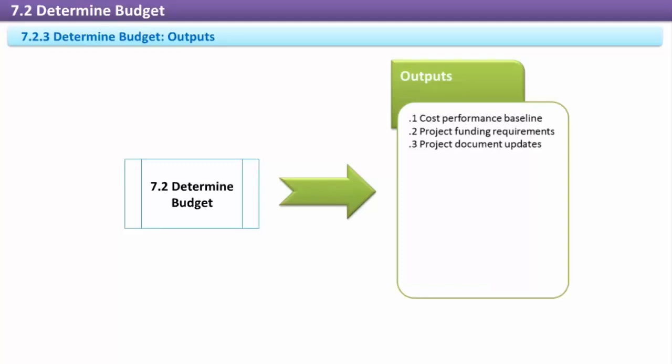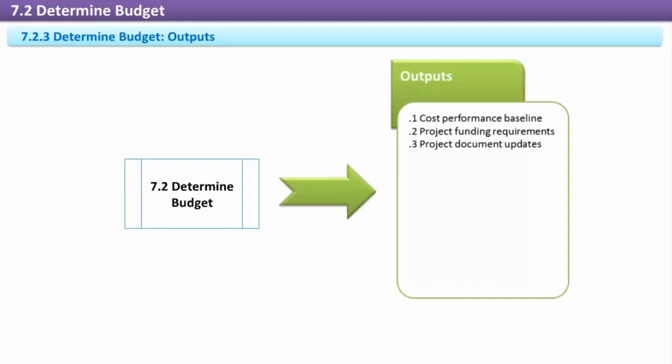The cost performance baseline is a time-phased budget that is used for project cost management, monitoring, and reporting. It is commonly shown as an S-curve graph. The cost baseline is a component of the project performance baseline. Project funding requirements.